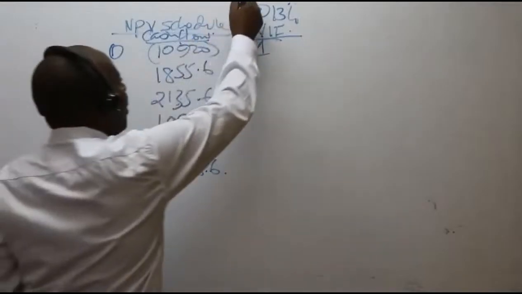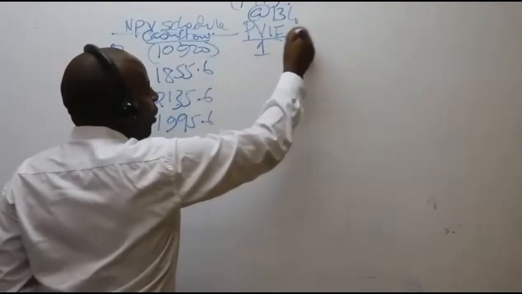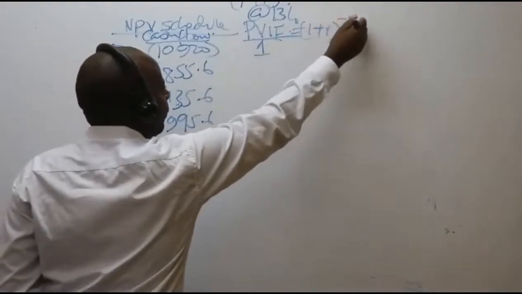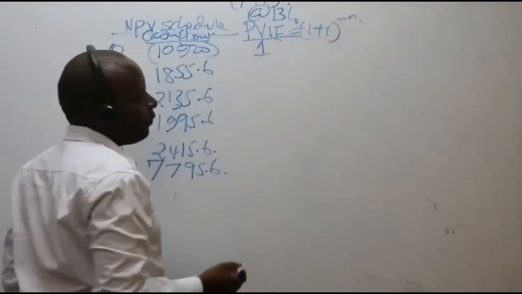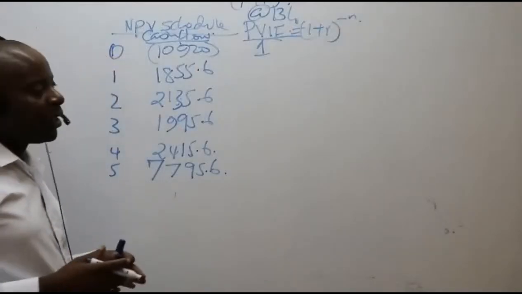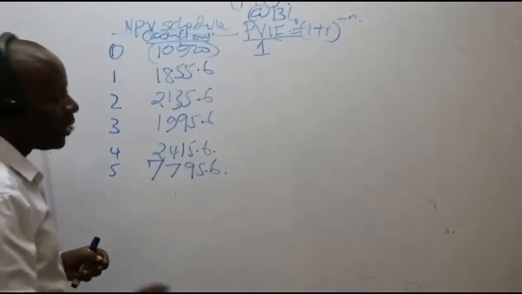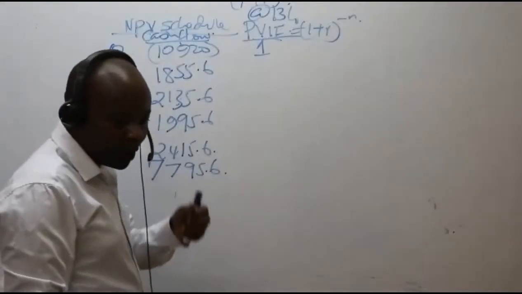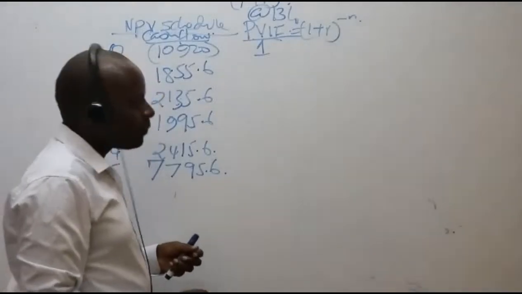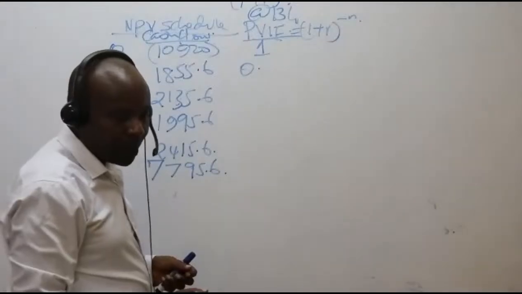This is supposed to be 1 plus r raised to negative n. So the first one will be 1 plus 0.13, which is 1.13 raised to minus 1. I'm being told that the first one is supposed to be 0.5. No. The second one here is supposed to be 0.8850.